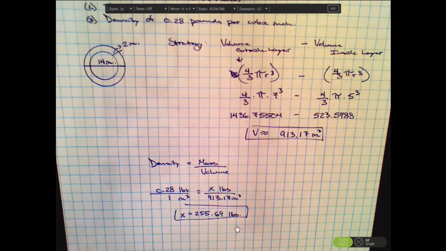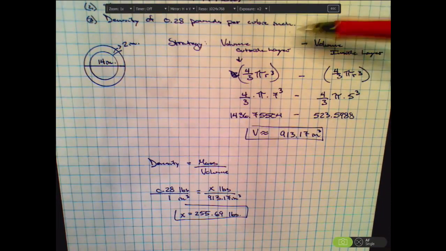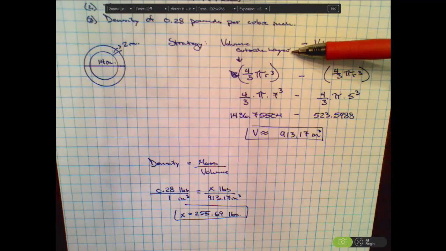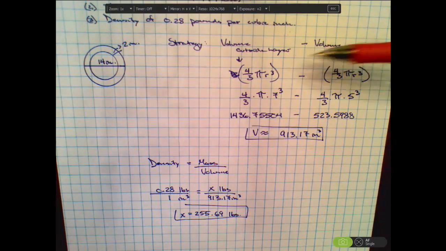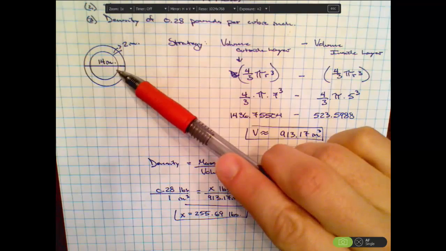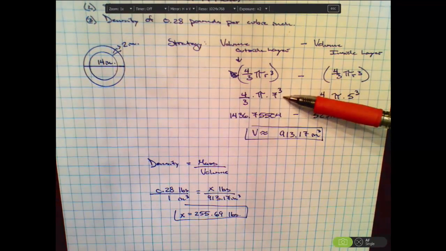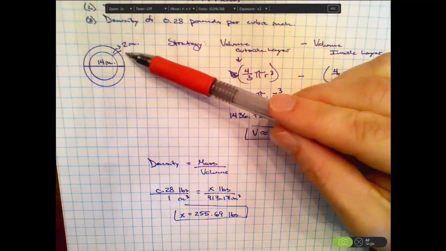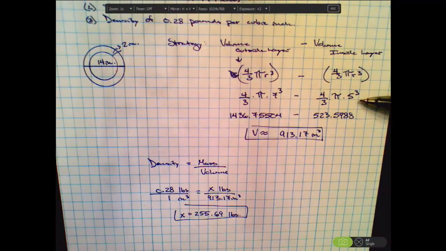What we're going to do here is find the volume of the outer layer, what I would consider just the entire sphere, and then subtract out the inner sphere, the smaller one. So we're going to use a diameter of 14 or a radius of 7 on the first one, and then it says that it has a thickness of 2 inches, so we're going to use a diameter of 10 for the second one.